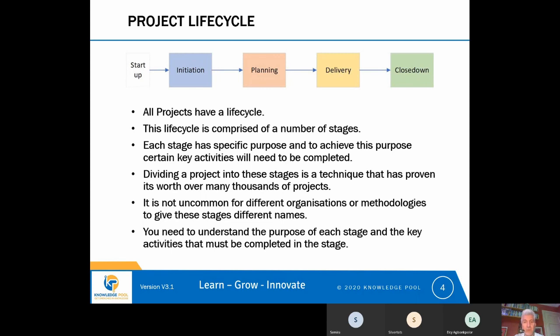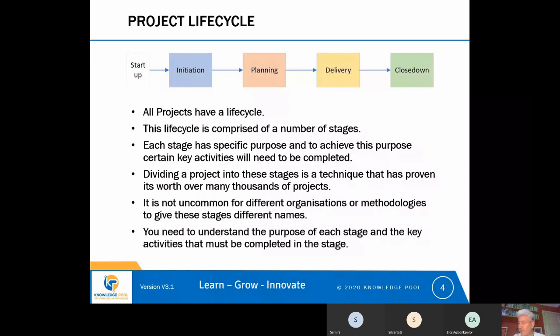And what we've got on the screen at the top is the project life cycle that Knowledge Pool regards all projects as having. And the life cycle starts with the startup phase, and we'll look at what the startup stage is, because it's not really a stage, but you need to understand what happens before the project starts.